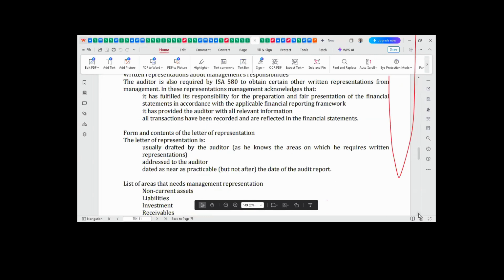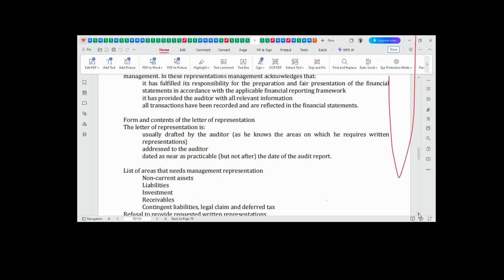All right. So, a list of areas where management representation is needed. Number one, non-current assets, especially impairment. If they do not perform impairment tests on some assets, it will make the client provide written representation.